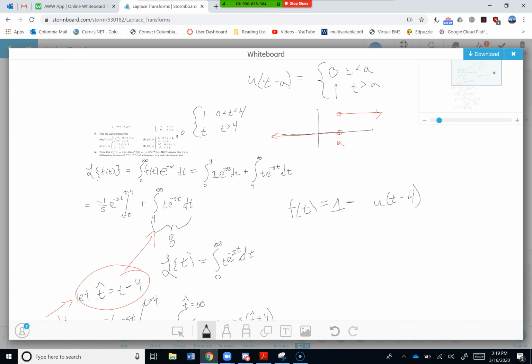So what do I want to turn off at time 4? Between time 0 and time 4, what's happening? What's the function that's on? 1. Okay, and then at time 4, I want something else to happen.